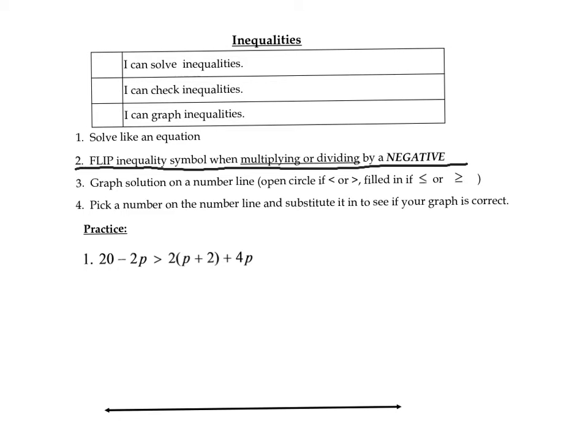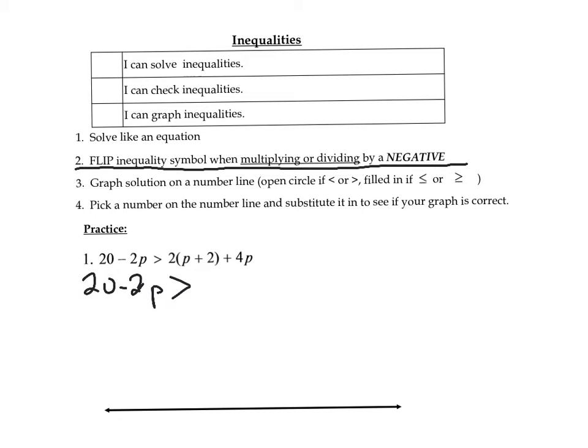So now let's take a few minutes and do example number 1, and hopefully you can follow me. In question number 1, on the left side, bring it down: 20 minus 2p, greater than, and here I will apply the distributive property.